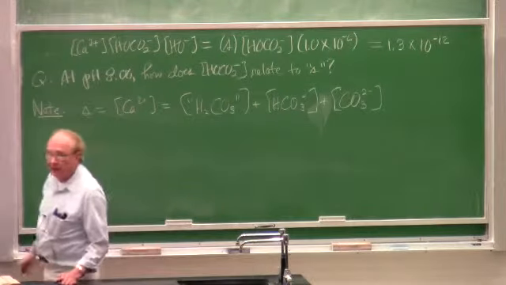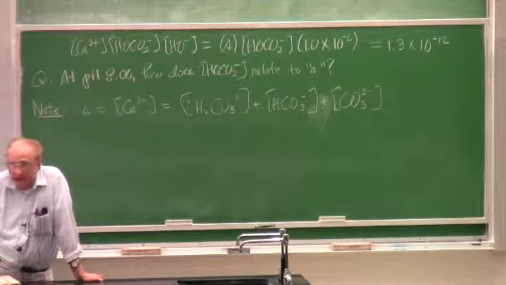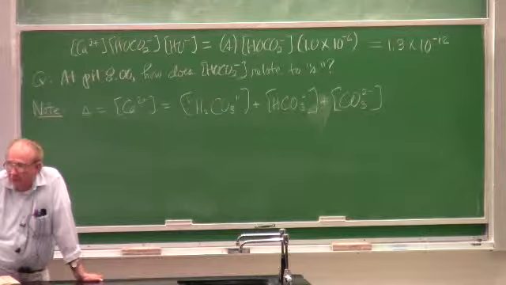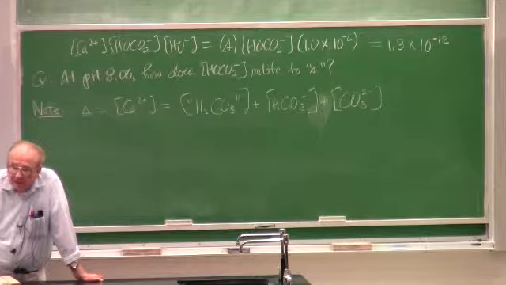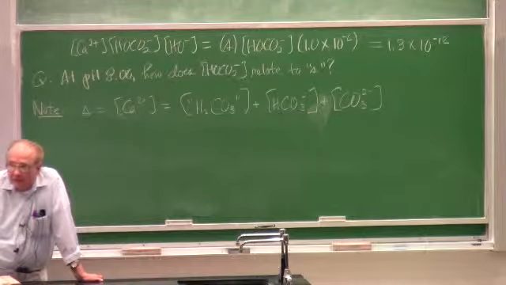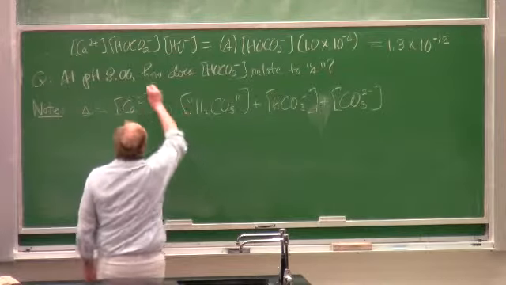And we've already recognized that the solubility of the salt calcium carbonate will be equal to the concentration of what system component? The solubility of calcium carbonate in this system will be equal to the molarity of what system component? Calcium ion. Right?